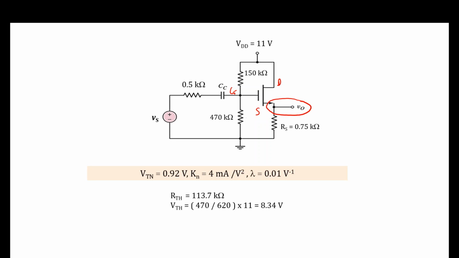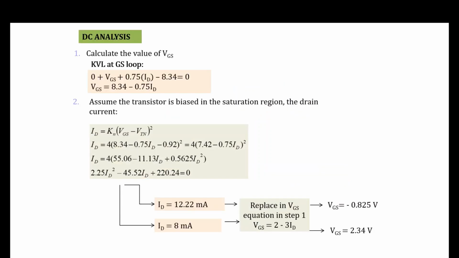To find the AC parameters, you are given lambda 0.01 volt to the power of -1. You have calculated your VTH, the Thevenin equivalent. These are the steps to find your drain current. You have to do the 5 steps.